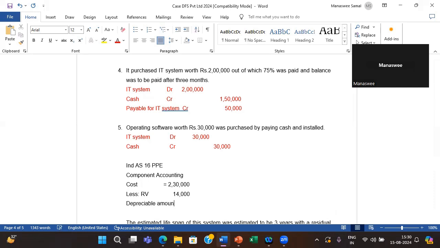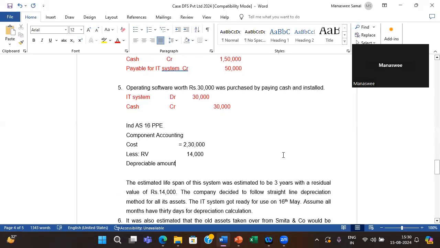That's all about the correctness of the English word. Depreciable amount means the amount that will be depreciated over the lifespan. Which lifespan am I referring to? Useful lifespan, isn't it? The depreciable amount would be 2 lakh 16,000 rupees.